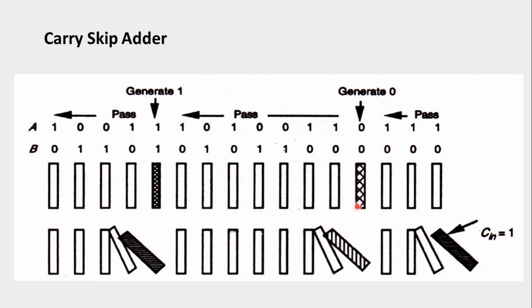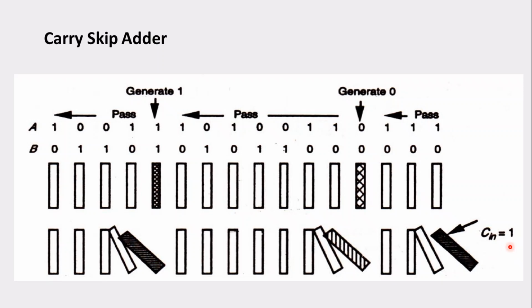Here we are considering two scenarios. The first set of slices is where our C in is considered as 0, and in the second set of slices we consider our C in to be 1.